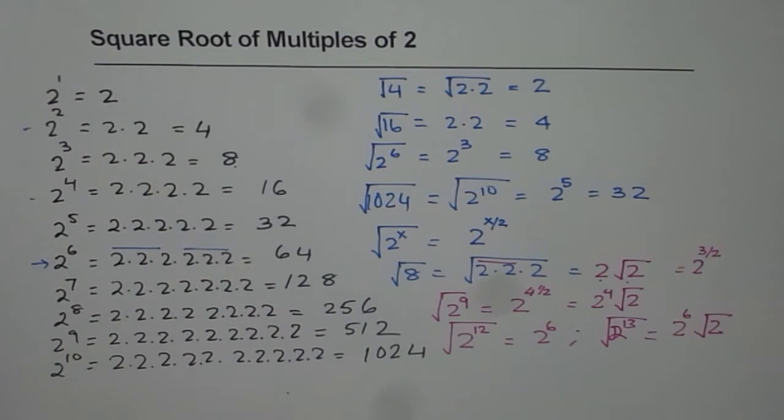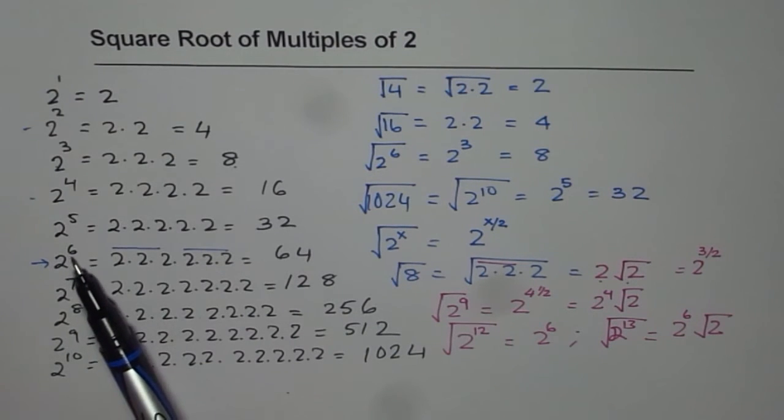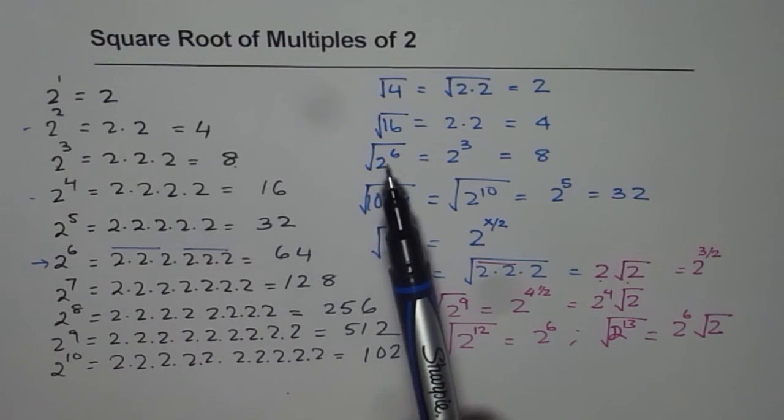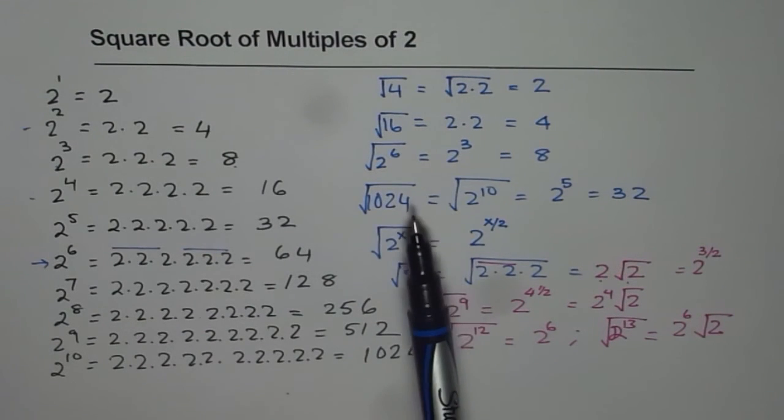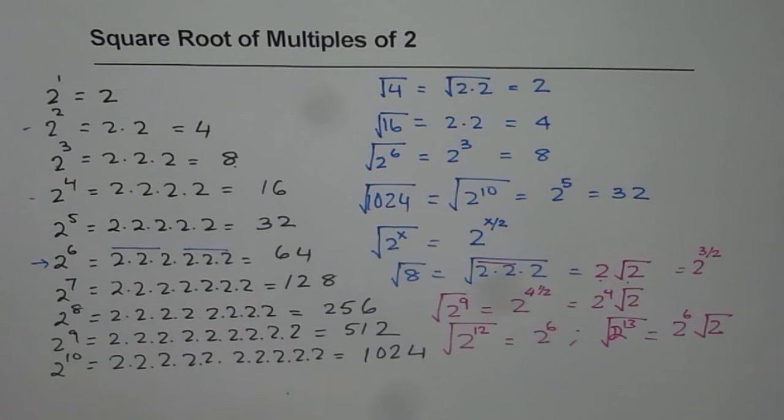In fact, you can extend this to multiples of any number. Follow the same method. Important thing is square root is half the exponent, right? So if the exponent is 6, square root will be 3. If the exponent is 10, square root will be 5, and likewise. I hope you understand and appreciate it.